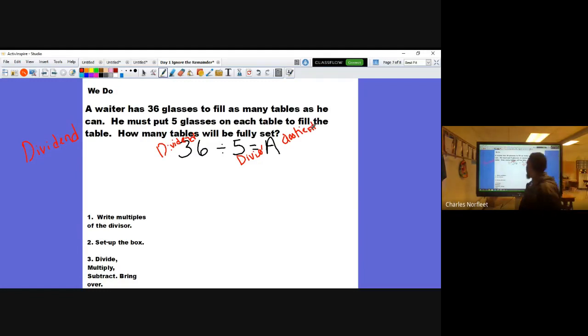All right, so now after we label, we're ready to move to our steps. Step 1 down here says that we need to write the multiples of the divisor. So I need some help with the multiples of the divisor here.